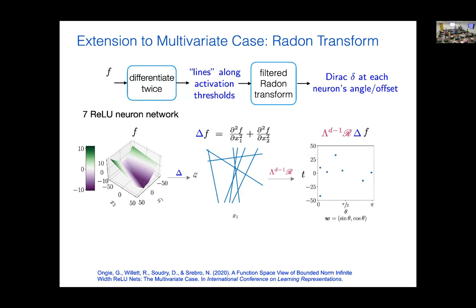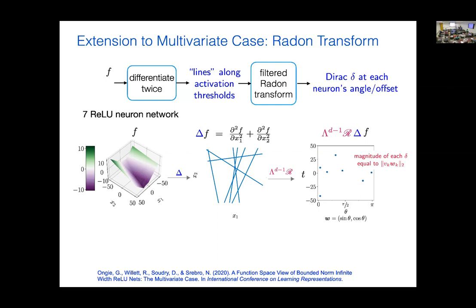Those impulses are indexed by the orientation of each of these lines, and also the offset, where it's set off from the origin. And the magnitudes of each of these is equal to that thing we were calling the path norm. So it gives us exactly the same sort of thing we saw in the 1D case.